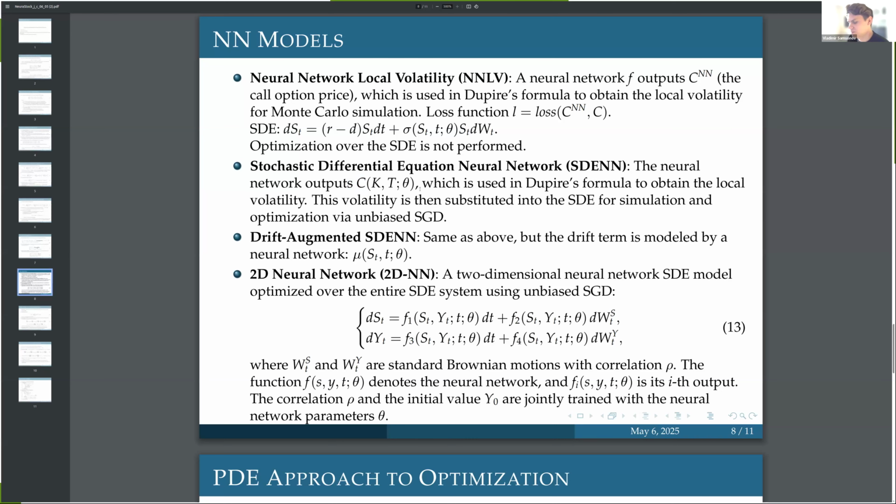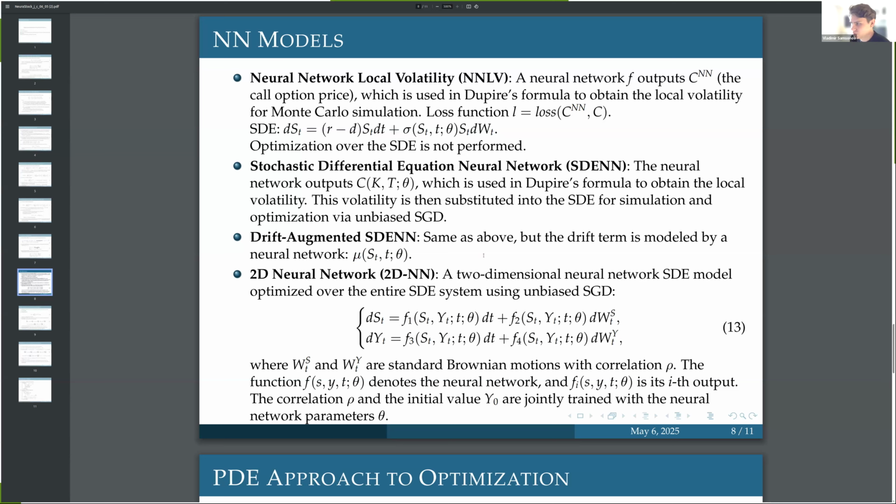So here they optimize the parameters of the neural network using not the prediction of the neural network, but the expectation value obtained by Monte Carlo simulations. The third model is the same as above, but the drift term is modeled by a neural network, so it is just the second neuron in the network.